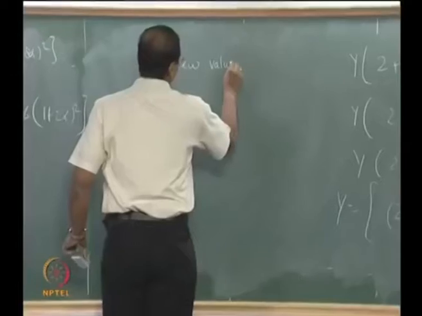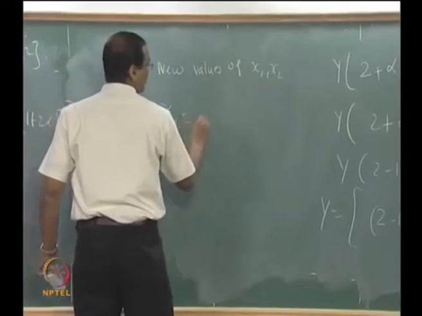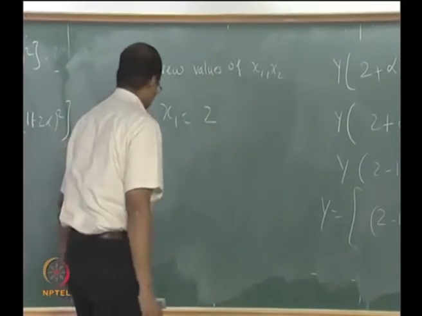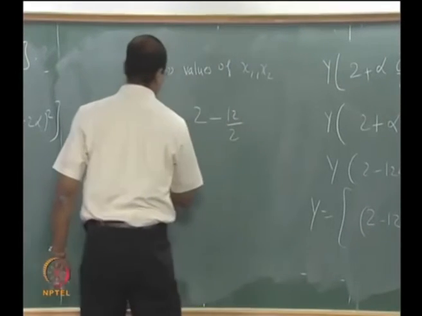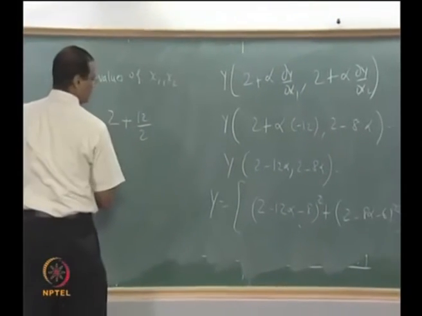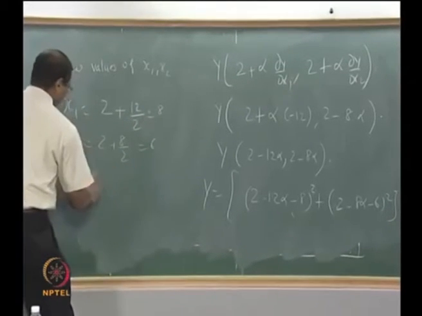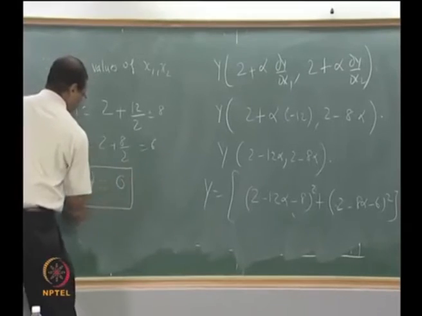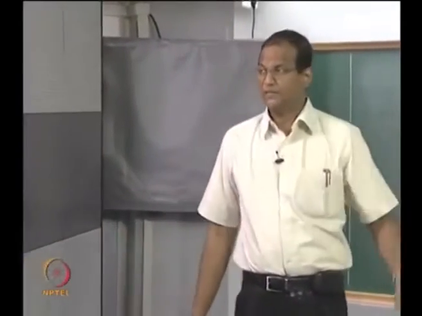Therefore, what is it, correct? You got the answer, but in the previous problem getting alpha was very difficult.